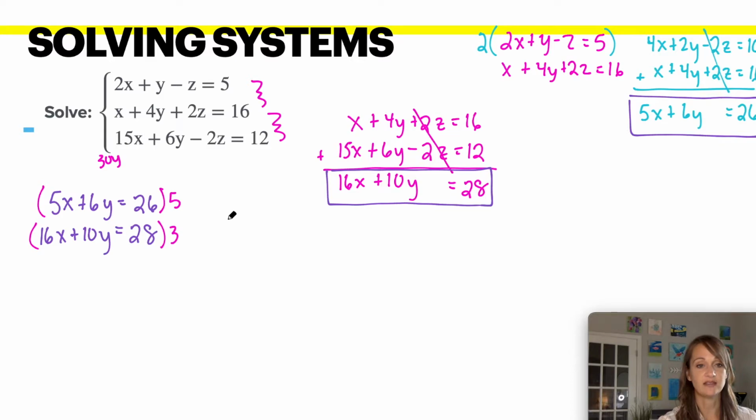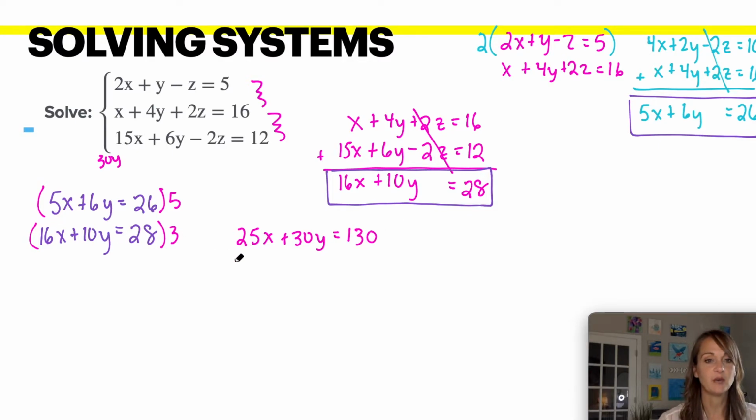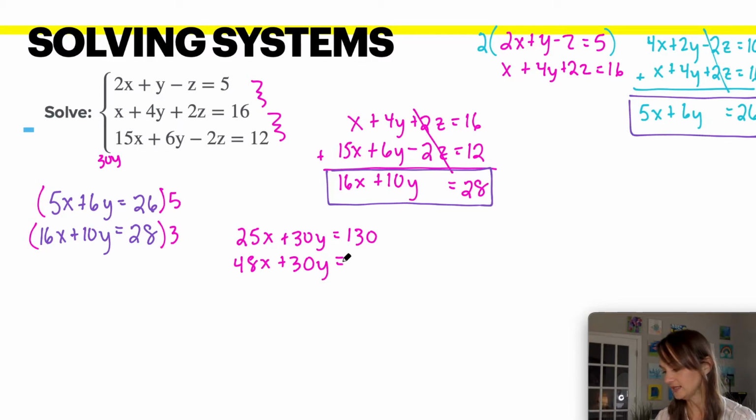When I do that, the top equation is going to give me 25x plus 30y equals, I think, 130. Yes, just want to make sure it equals 130. And then on the bottom, I will get 48x plus 30y equals 28 times 3, which is 84.